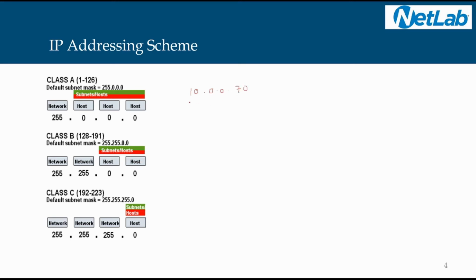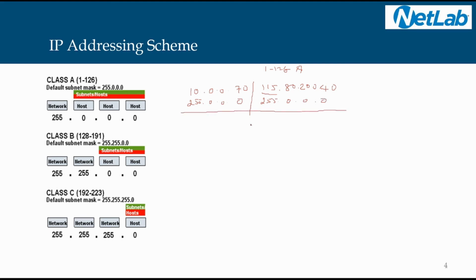The default subnet mask will be 255.0.0.0. Another example is 115.80.200.40. Because the first octet starts between 1 and 126, this is in class A. So the default mask is 255.0.0.0.